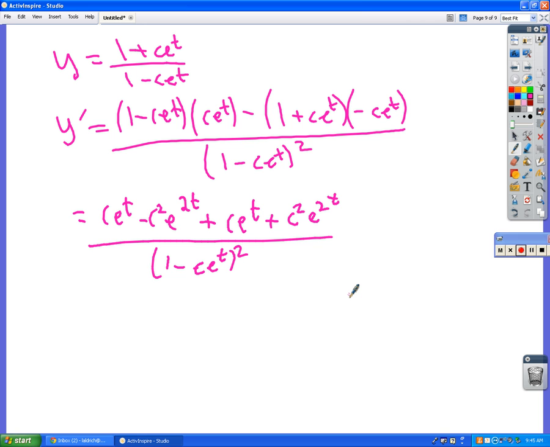So what happens on top? Those things cancel, so I'm left with 2C E to the T over 1 minus C E to the T squared.